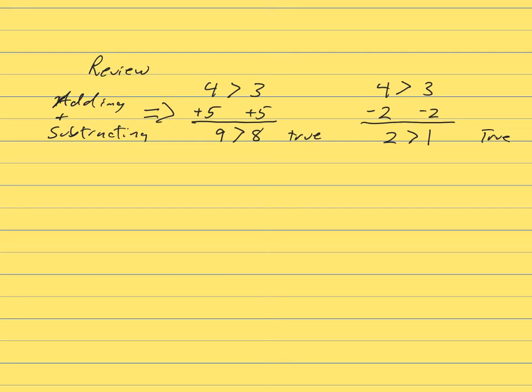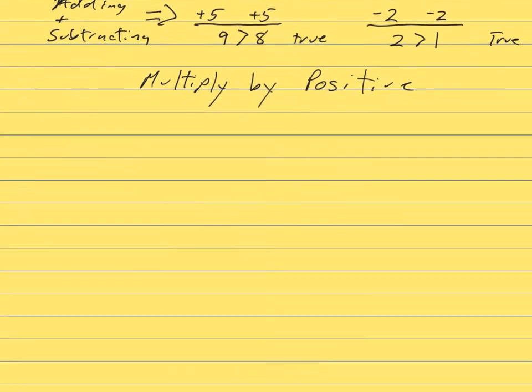So the next thing is what happens when we multiply. Now there's two situations that we have. We have multiplication by numbers that are positive. So multiplying by positive numbers, we get the following.